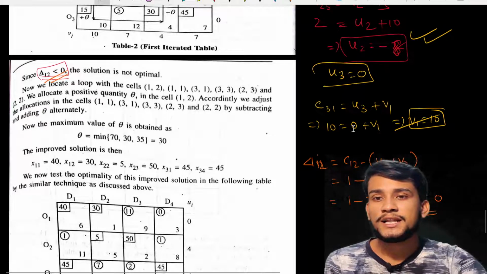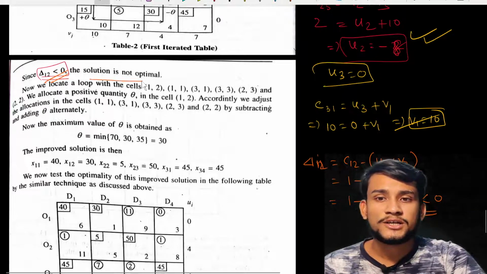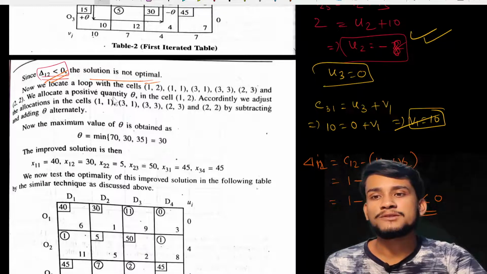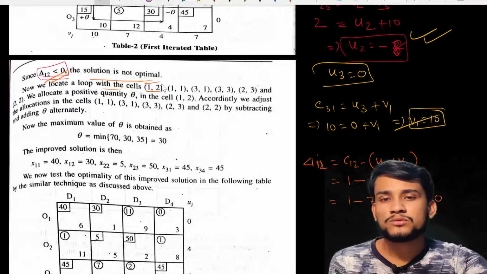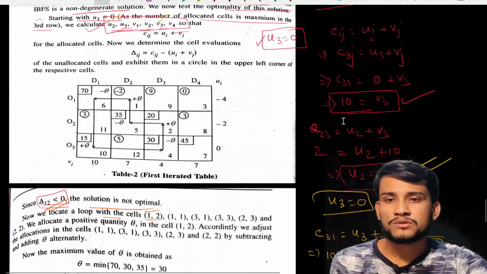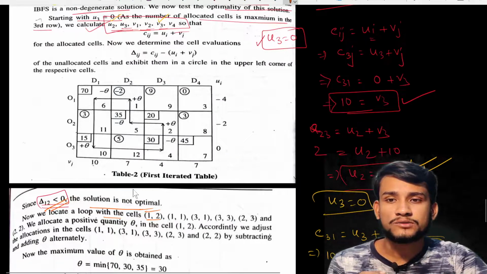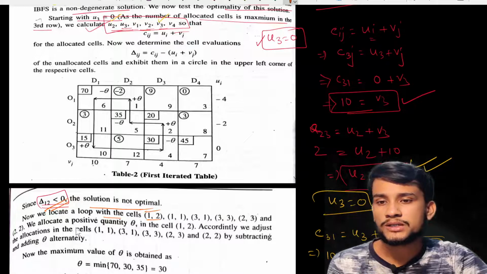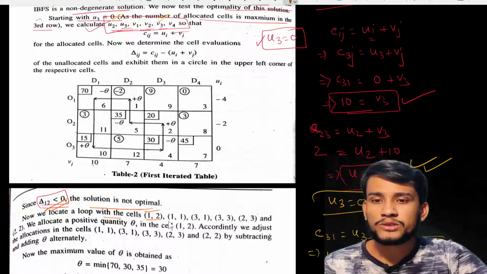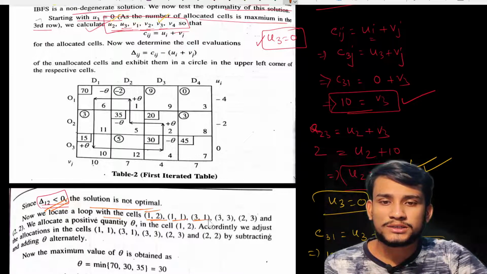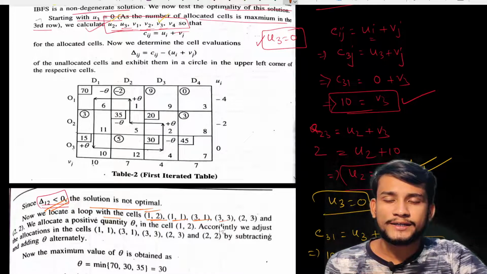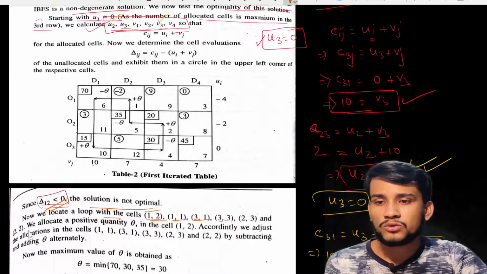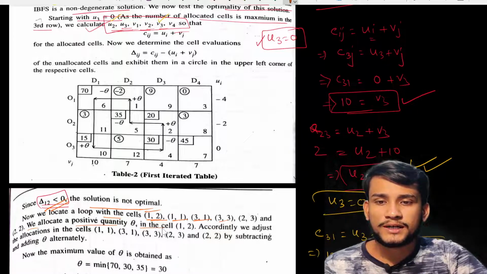So this is less than 0, therefore the solution is not the optimal solution. Now we locate a loop with the cells 1 2, the occupied cells and unoccupied cells. So we locate the loop with the cells 1 2, 1 1, 3 1. Here we have to make a loop with the cells, and we allocate the positive quantity theta in the cell 1 2.